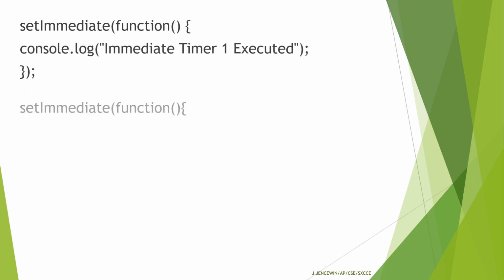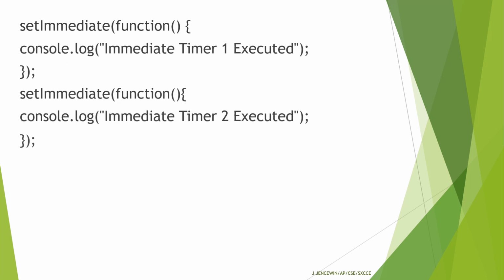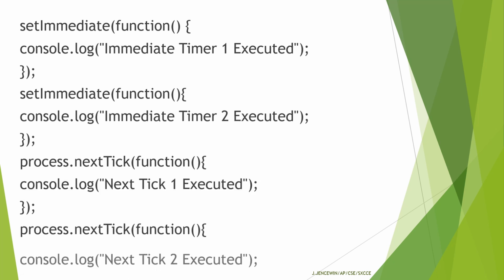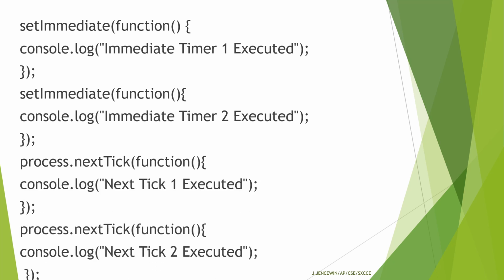Here we have two setImmediate calls. One prints immediate timer 1 executed, and the second prints immediate timer 2 executed. And we have two process.nextTick functions. So here we have three different operations: one is a file operation, the second is setImmediate, and the third is process.nextTick.